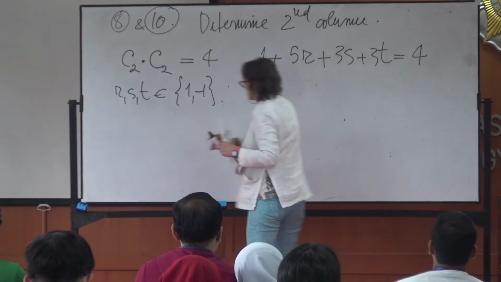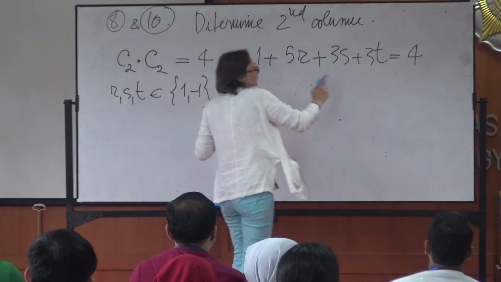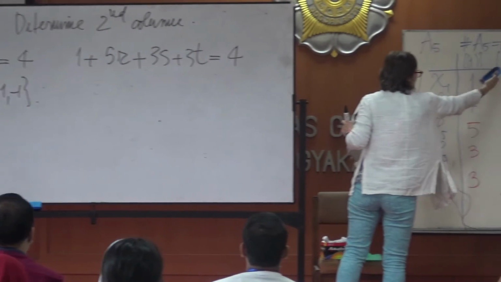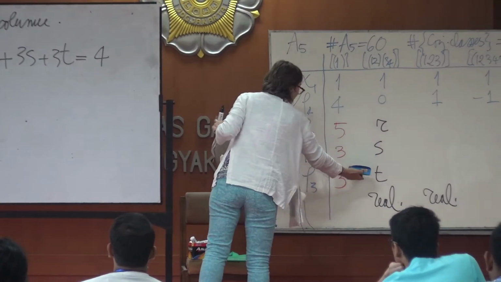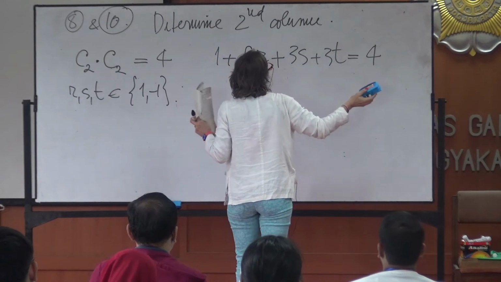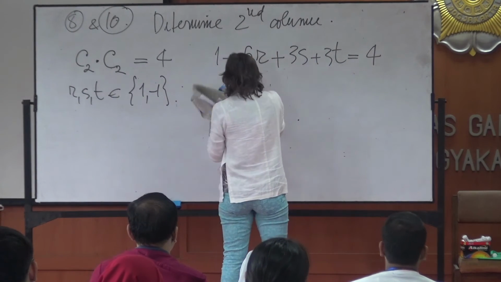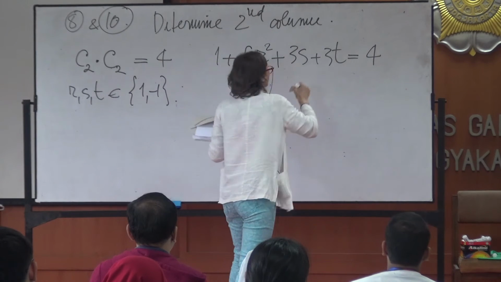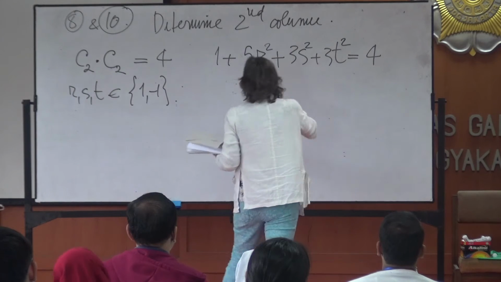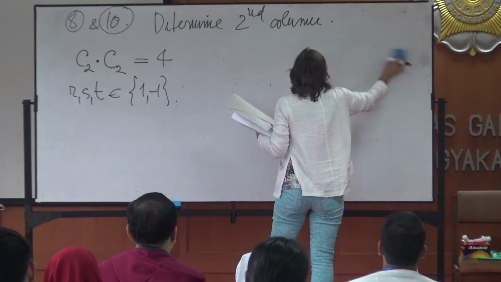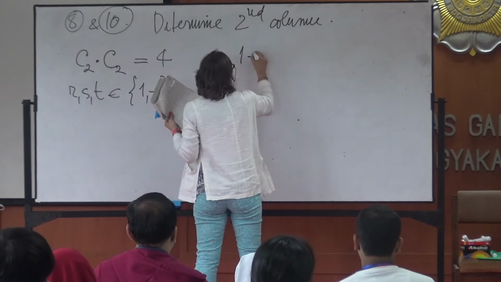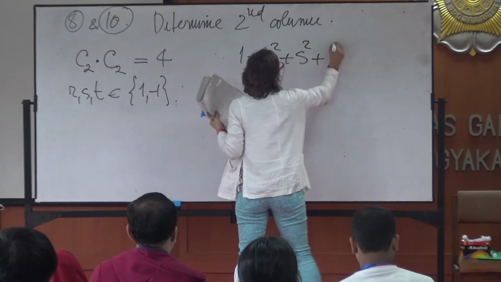We have to compute C2 dot C2. So 1 plus 5R squared plus 3S squared plus 3T squared.